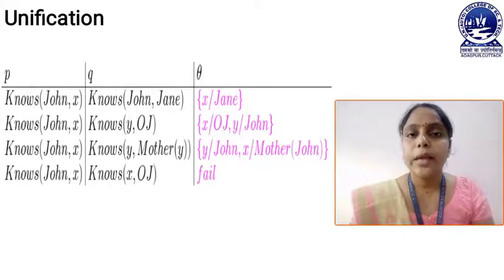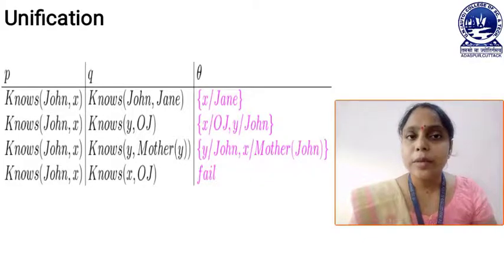Now look at the example. Here P and Q are two different literals. The value of P is Knows(John, x), and the value of Q is Knows(John, z). Now look at these two literals, P and Q. Here in P and Q we can replace the variable x by z.